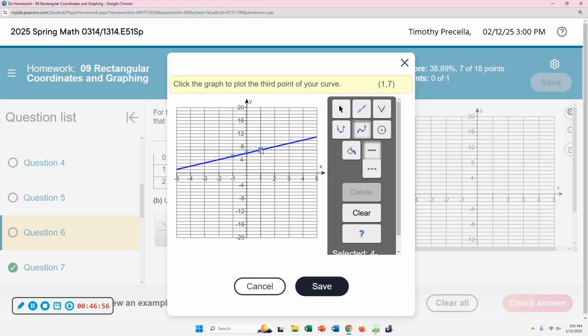For one moment, it looks like it's a line. Those 3 points could be on a line, but because we're cubing these numbers, eventually it's going to start getting very steep, and I think it's going to do it right now. The ordered pair 2, 14. Right 2, up 14. Click it.